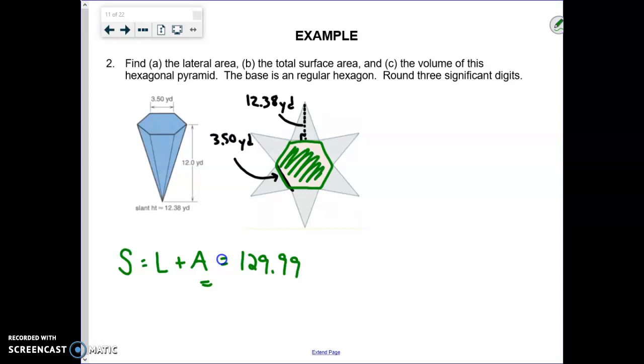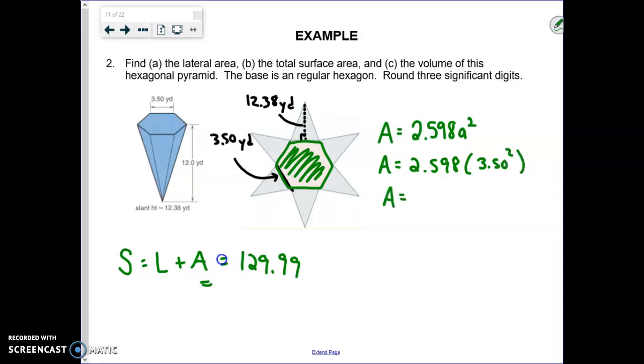If you remember, the area of a regular hexagon, which you get from the front side of your formula sheet, is 2.598 times the length of a side squared. So it's 2.598 times the length of a side, which is 3.5 yards, and we're going to square that.